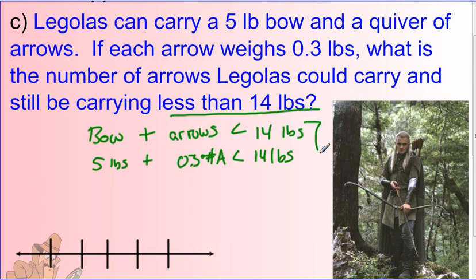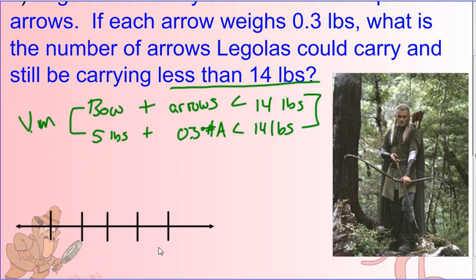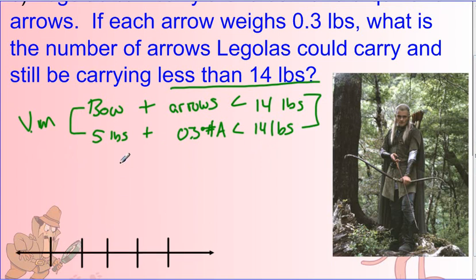So, verbal model, with that verbal model. Whoa, nice M. Some alien M with 3 humps. And now we change it into our actual inequality. So we're going to take 5, we just don't need our labels, plus 0.3, sure, we'll still use A for arrows, less than 14, and we don't need the label. This is our inequality.